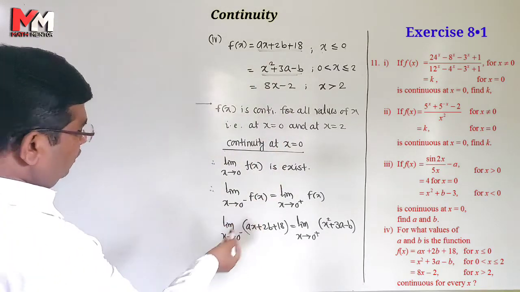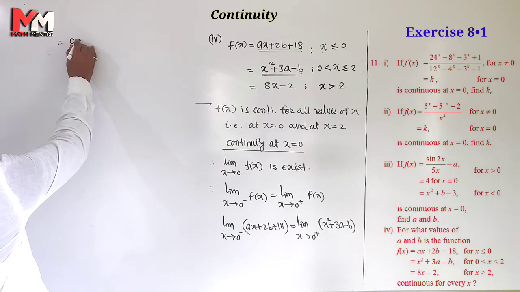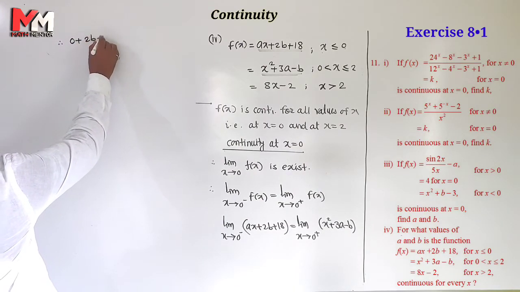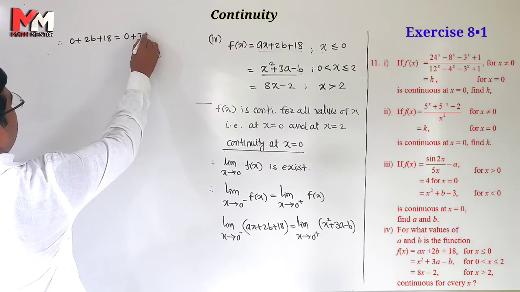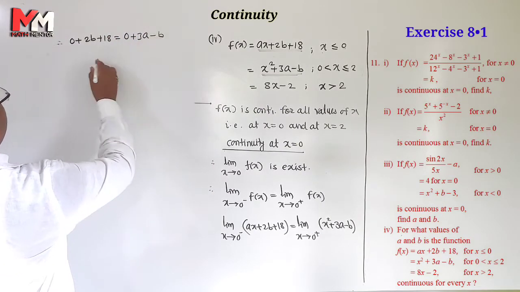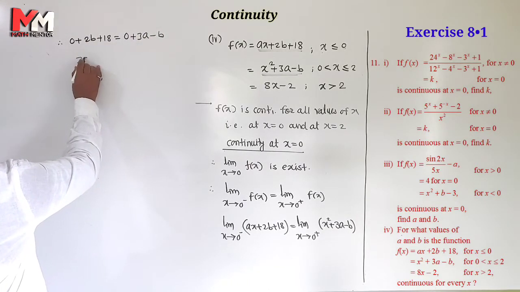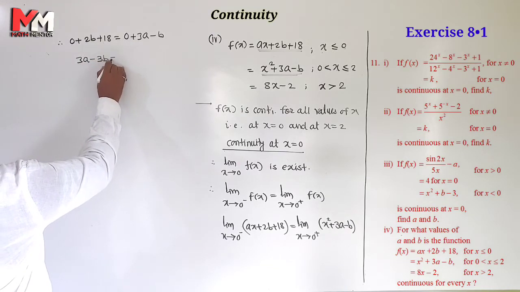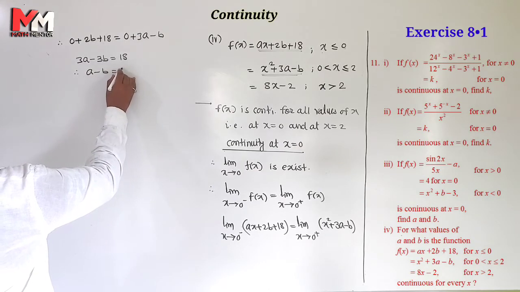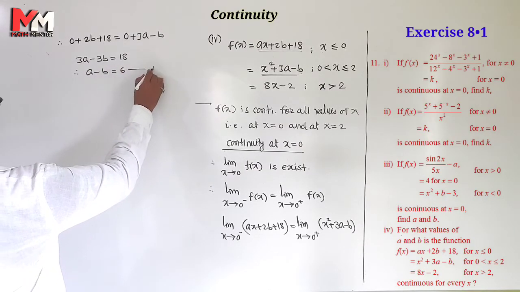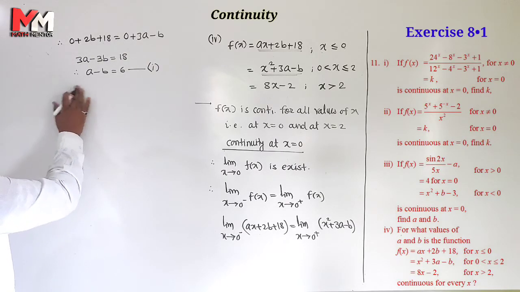Okay, so x की जगह पर डायरेक्ट 0 पुट करो. a इंटू 0 है 0 प्लस 2b प्लस 18 इज इक्वल टू 0 प्लस 3a माइनस b. So minus b plus 2b here, minus 2b, 3a minus 3b is equal to 18. Therefore a minus b is equal to 6. Equation first.